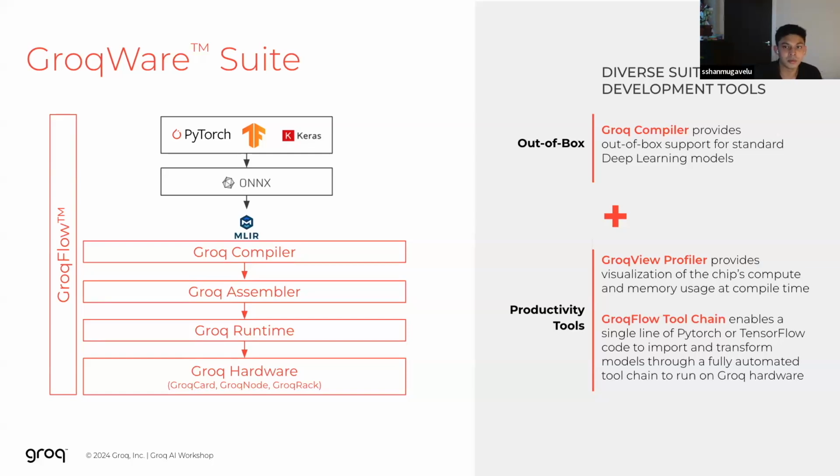So let's start with an application, for example in PyTorch. It could be in any other framework that you're using, for example Keras, TensorFlow, and so forth. I'm just going to use PyTorch as my default. The way this application goes through our software stack is as follows. We start with the application and translate it into ONNX, which stands for Open Neural Network Exchange.